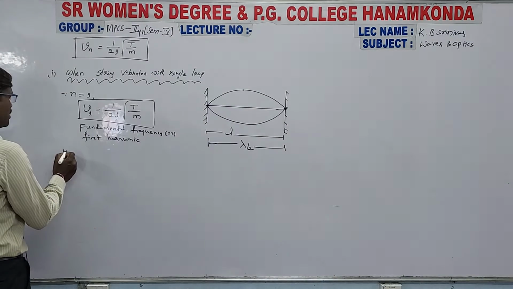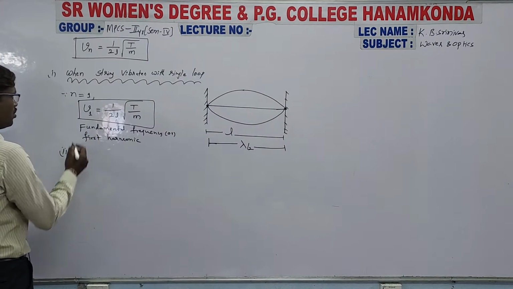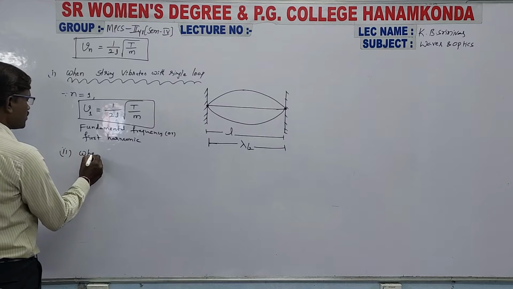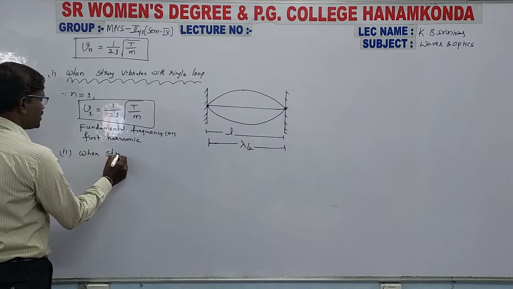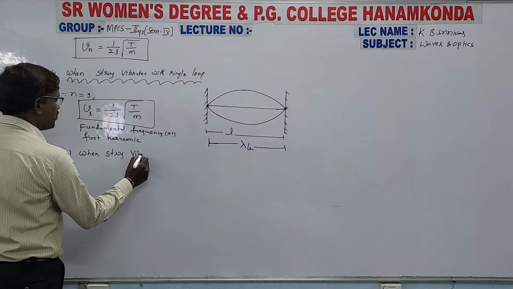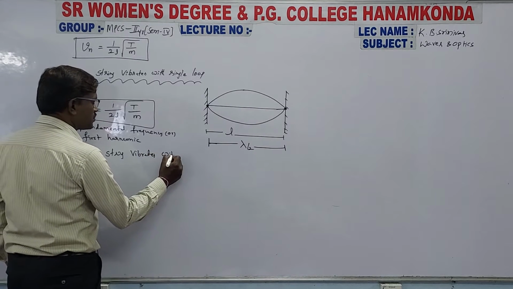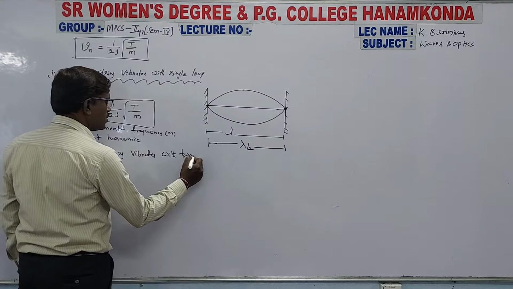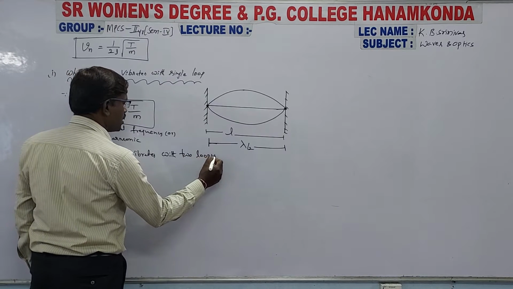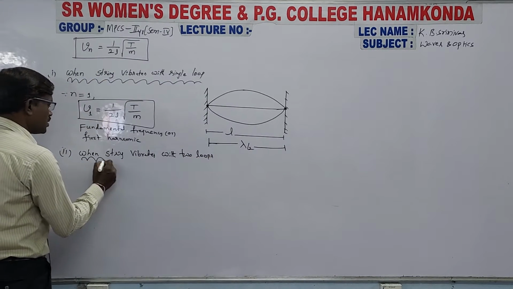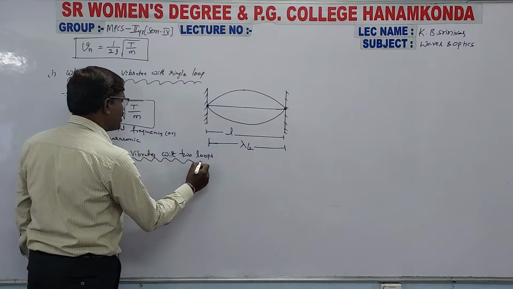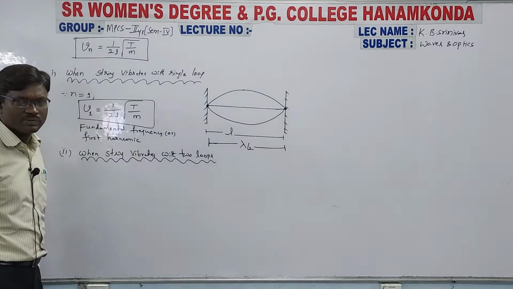Let us imagine this string is vibrating with two loops, or two segments. How do we calculate the frequency of the string?